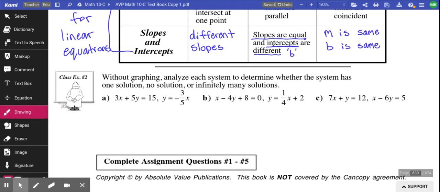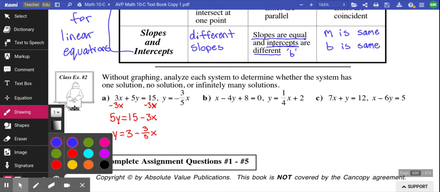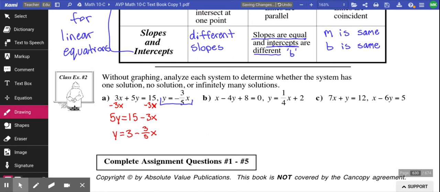So if I look at this first equation, I want to subtract the 3x to the other side. That means I have 5y equals 15 minus 3x. Then I want to divide both sides by 5, so I have y equals 3 minus 3 over 5x. If I compare that red equation with this equation right here, these two equations have the same slope.